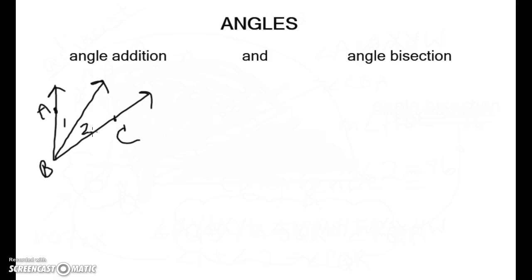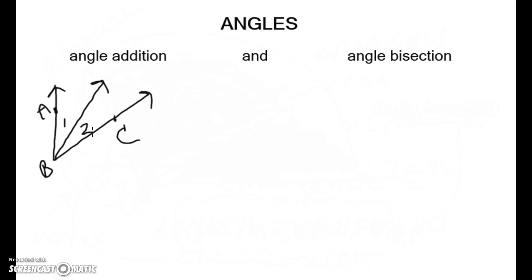I'm going to use the shortcut version here. If there are no congruence marks, remember congruence means same size and shape, then you can't count on anything being equal. I don't care what it looks like. If it's not marked as congruent or as a bisection, you can't go that route.